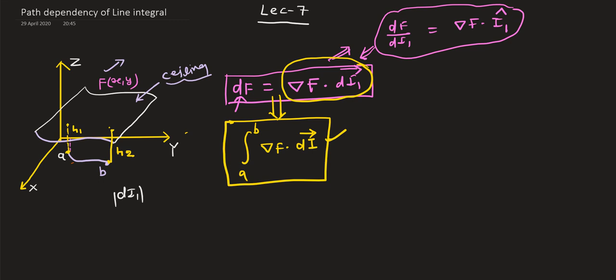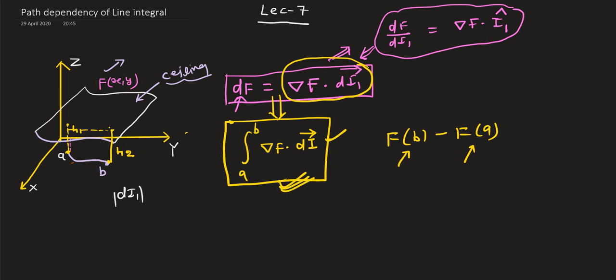Then the total change in height from point A to point B would be simply f of B minus f of A. So you can just calculate the height at point B and then subtract the height at A. This would be the total change.